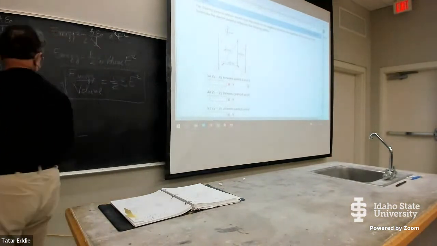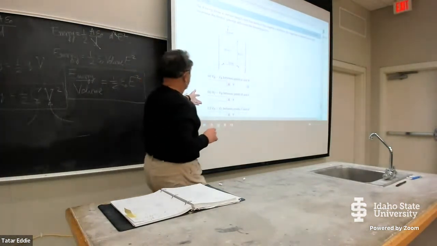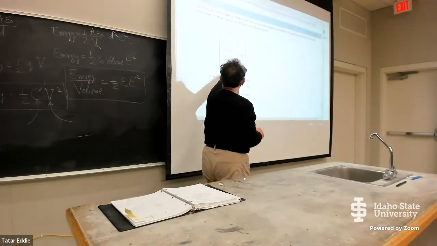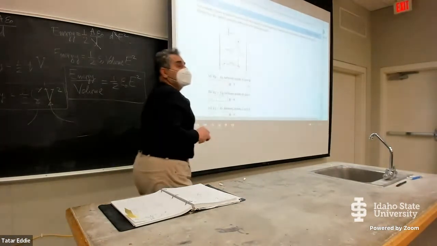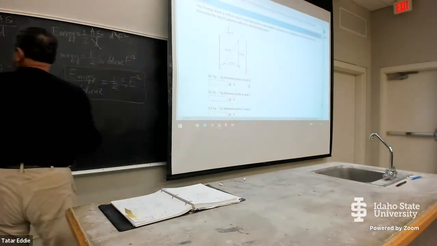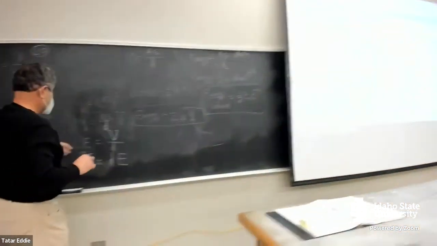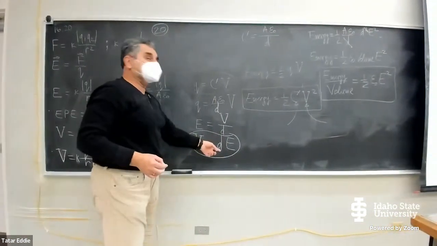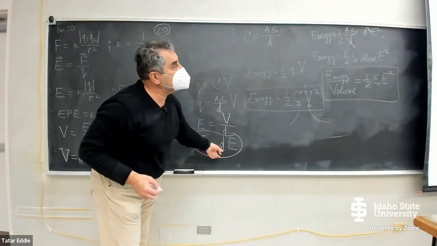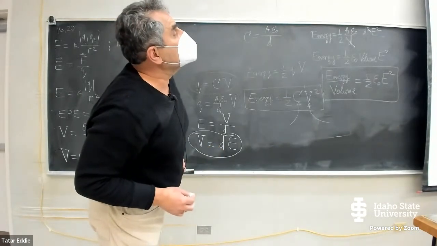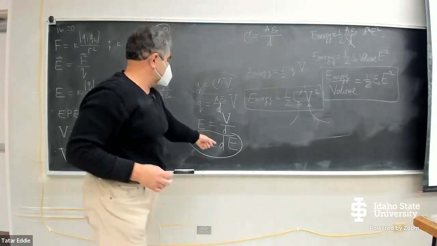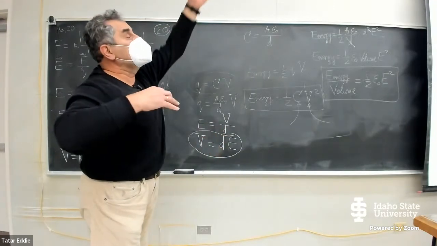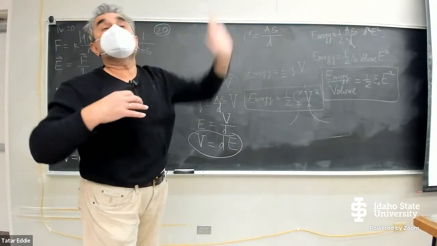To find the voltage difference between point C and B, you use the delta V formula. If you take a step size equal to the distance, in my case, 8 centimeters, that step size is long, but it is along the electric field lines.